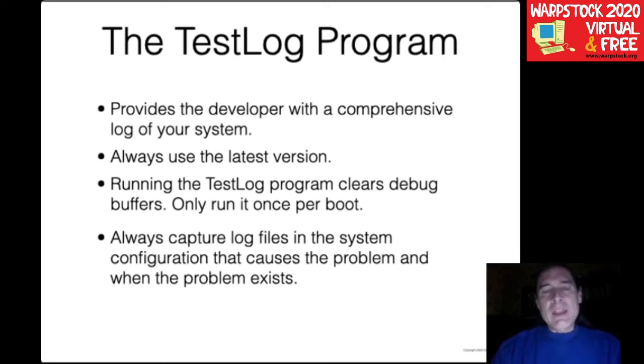So if you've got a keyboard that stops working, don't unplug that keyboard and plug in a different one to run the TestLog program, because obviously the log program will not be able to capture any information about the device you just unplugged. And if you reboot before capturing the TestLog log file, then obviously everything's going to be cleared away.